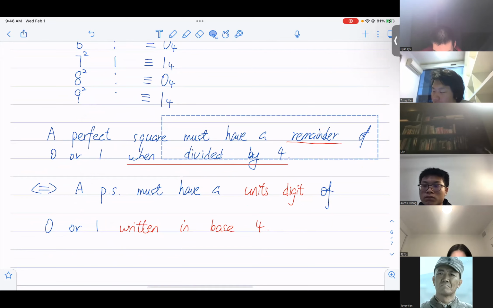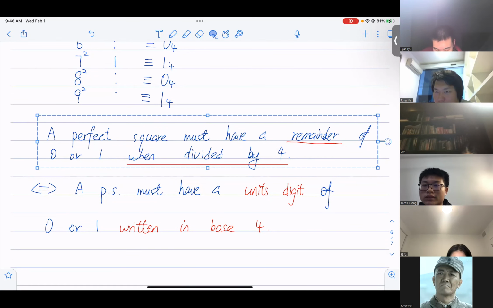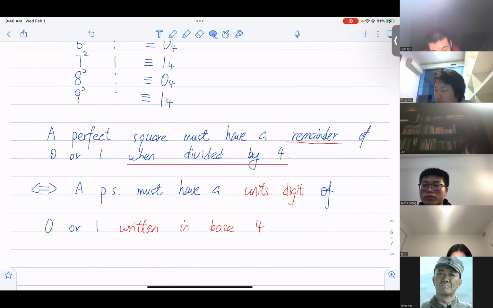Then how can you even know this, right? In an exam, and even if not an exam, I give you a month, you probably won't be able to find this out, right? So this is kind of a famous fact. So that's why you need to remember this, okay?